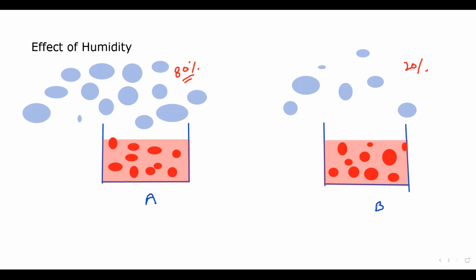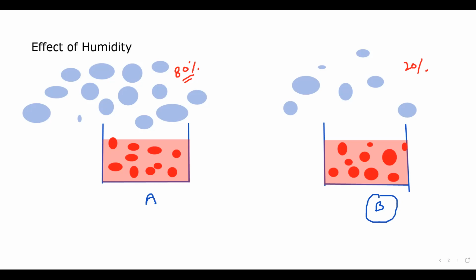In which container does evaporation occur at a faster rate? A or B? Which one do you think? Actually, it is B. Why is it B?